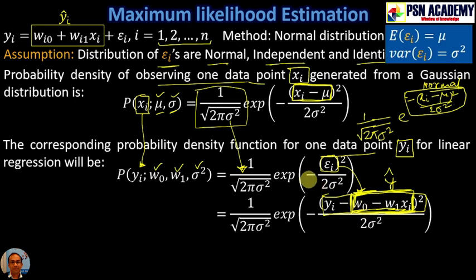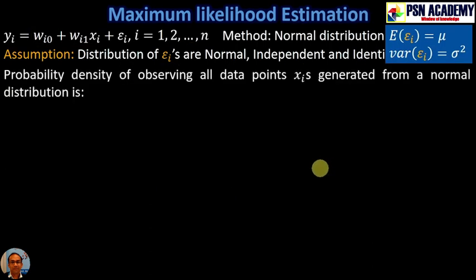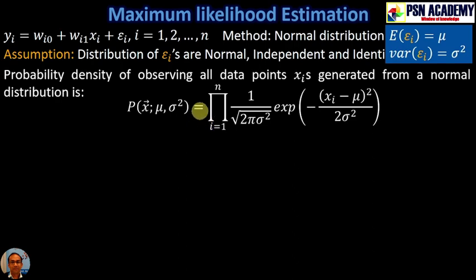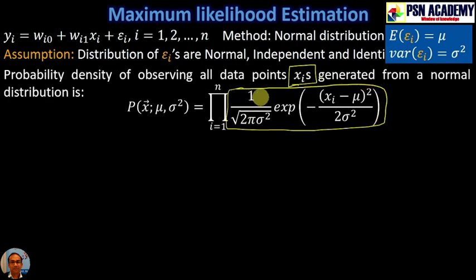So we have found the probability density function, how it looks like in case of one data point for linear regression. Now we have to go for the whole data set. Now look at the probability function for all the data points of xi's in general. It is the product of the probability density functions for each data point. So this is the probability for one data point.